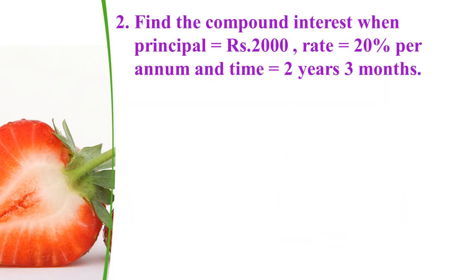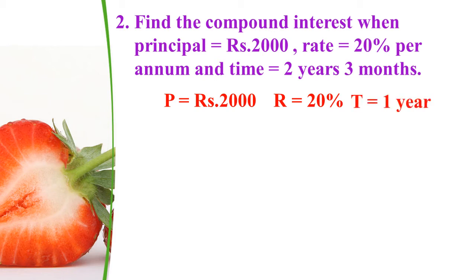Next, find the compound interest when principal is rupees 2000, rate is 20% per annum and time is 2 years 3 months. Principal is rupees 2000, rate of interest is 20%, time period is 1 year.